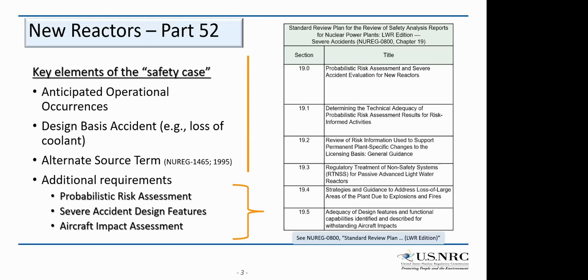And then in Chapter 19 of the safety analysis reports, you would have seen reflected the requirements to provide a probabilistic risk assessment, or PRA, and to address severe accident design features in Chapter 19. Again, severe accident design features coming out of the Commission's severe accident policy statement from the 80s.